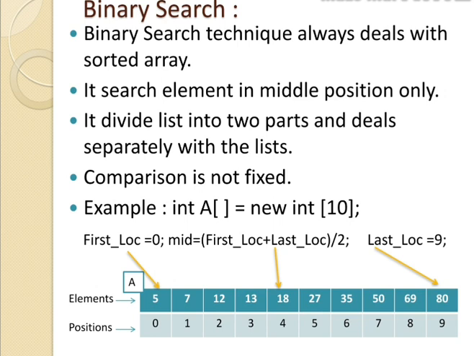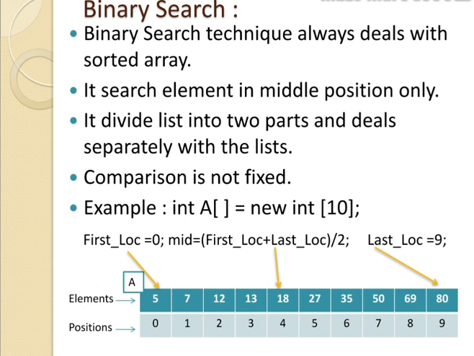First, we have to know the first location, then the last location, and for finding the middle element, we add first and last and divide by 2. Then we get the middle element. In this way, we find the mid element, and then we search whether the number to be searched is present in that middle position or not.